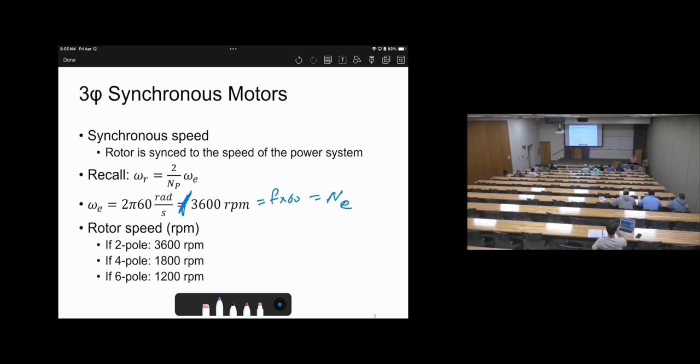So I prefer to use the simple N for RPM, while simple omega for radian per second. And we know the rotor speed equals 2 over number of poles times electrical speed. So if we have 2 poles, this yields 3,600 RPM, 4 poles, 1,800 RPM, 6 poles, 1,200 RPM, and so on. We already know this, the same way that we discussed before.